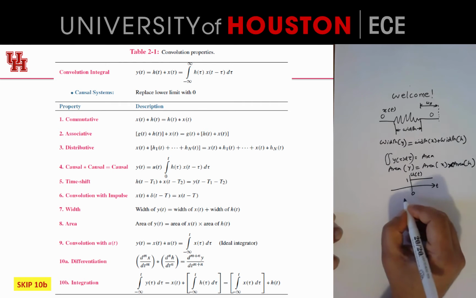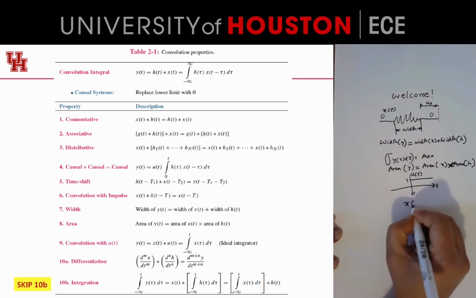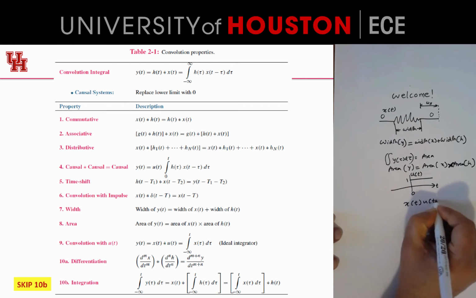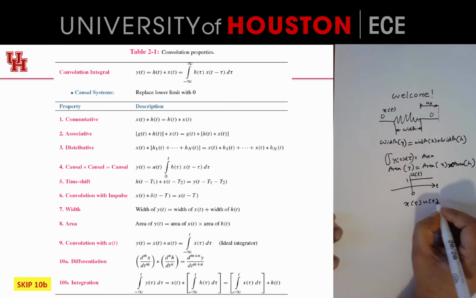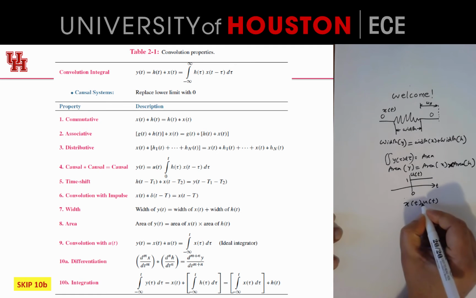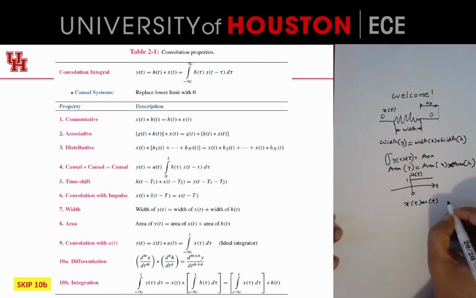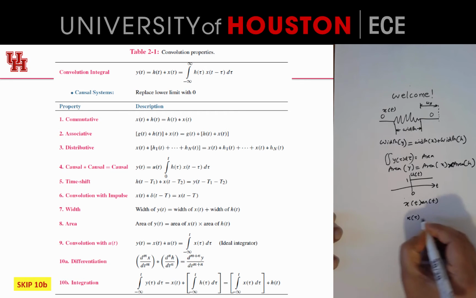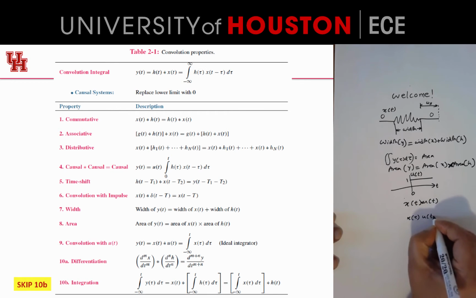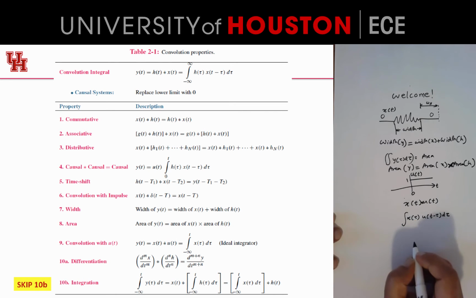So if you convolve any signal x of t with u of t, you get the integral of x of tau u of t minus tau d tau.